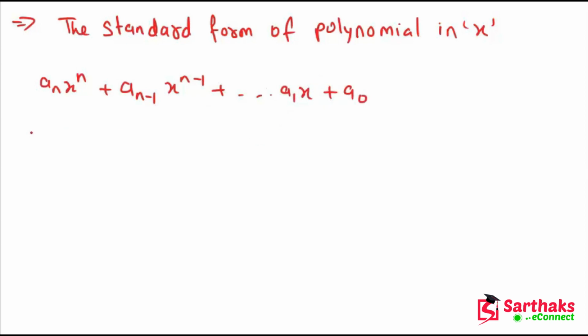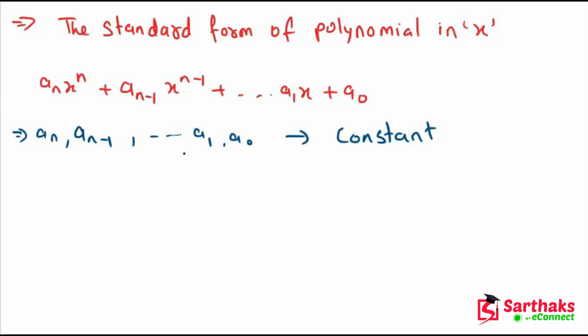Now here, a n minus 1, a1 and a naught are constants, and x is the variable.